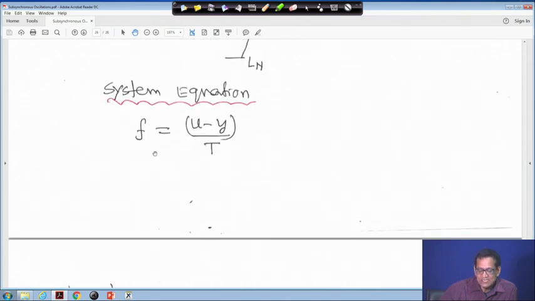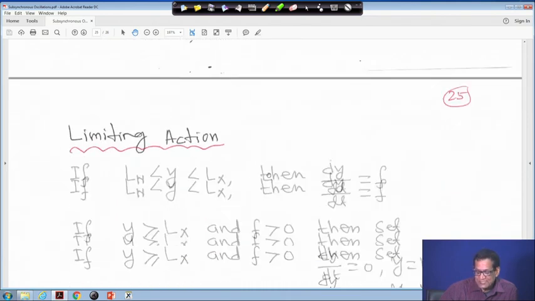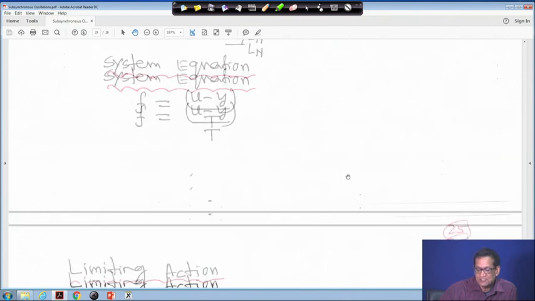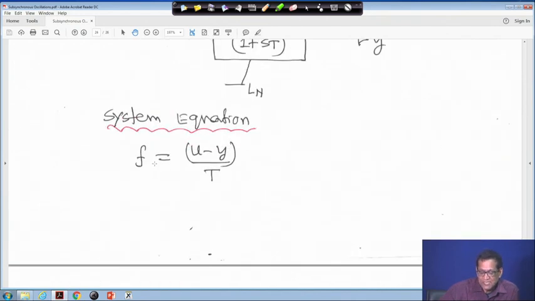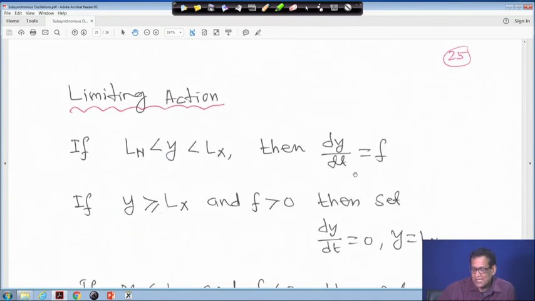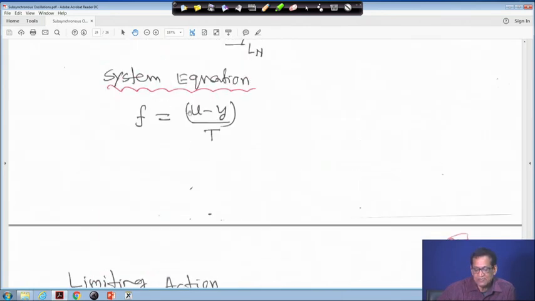But we are defining f equal to u minus y by T, so dy by dt will be u minus y by T.